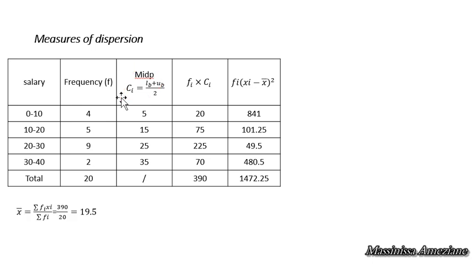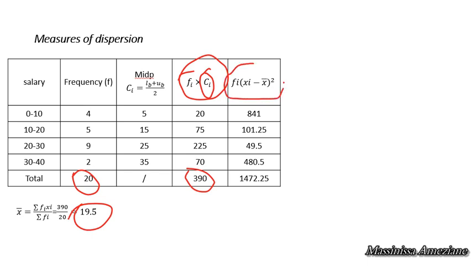How to find the mean? X bar is the sum of fi xi divided by the sum of fi. Here we use c as the midpoint. So it is 390 divided by 20. We get the mean.